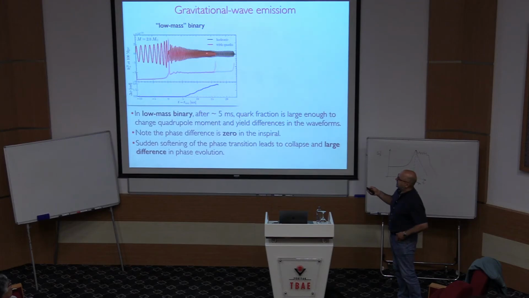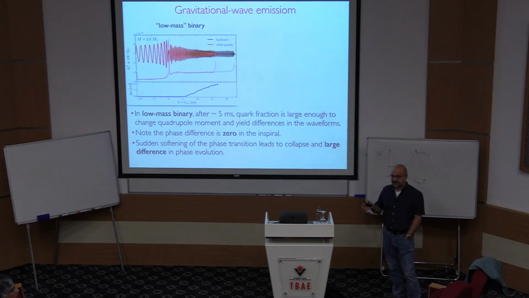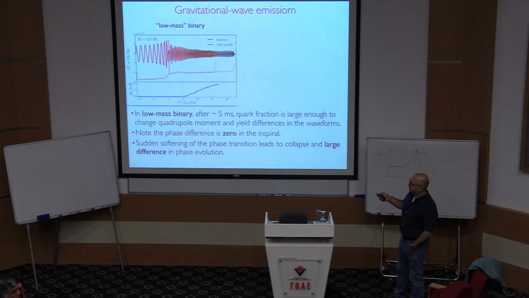You can also see that when the phase transition is very strong, all of a sudden there is a collapse to a black hole, while in the absence of quarks, the black hole collapse would happen later on. So this is the way you could tell, in principle, that there was a phase transition. You look at the inspiral, and you're convinced that this is a perfectly hadronic equation of state.